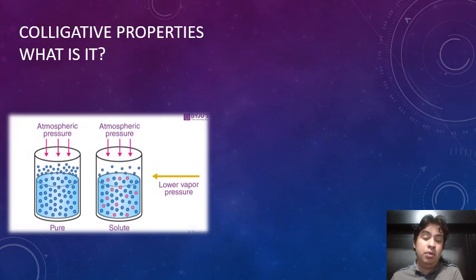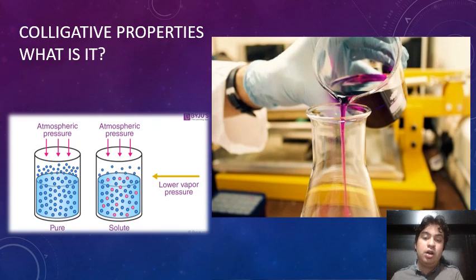We can see an example with a solvent in the picture, and in this other picture we can see examples about colligative properties, because there are 7 colligative properties, and we are seeing them in the next presentation.